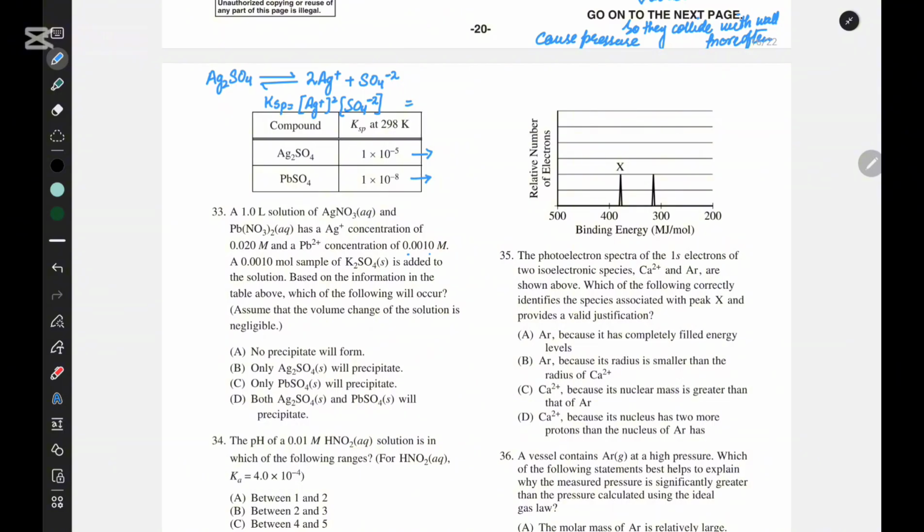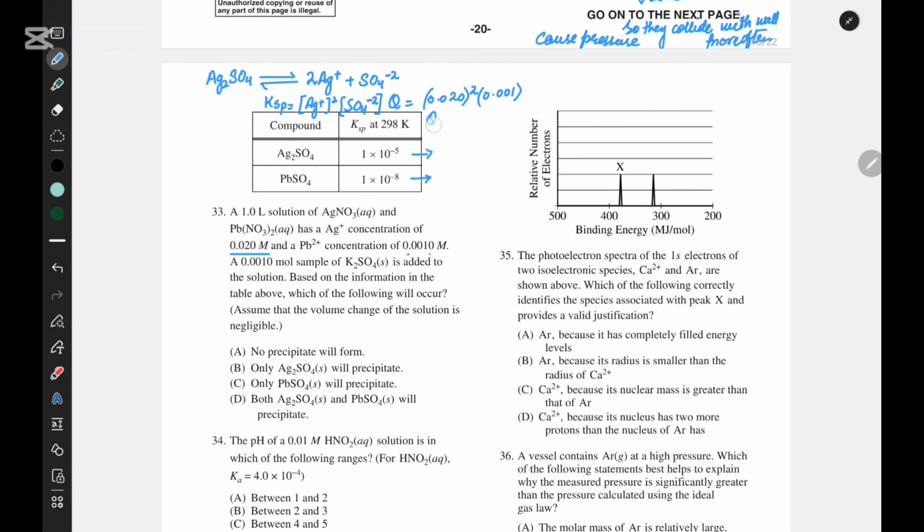For the Ag+ concentration, they have given us 0.020, so I am putting 0.020 squared, and sulfate has a concentration of 0.001. As we are finding the value with the given values, we are basically finding Q, because Ksp has already been given to us, and we have to compare Q with Ksp.